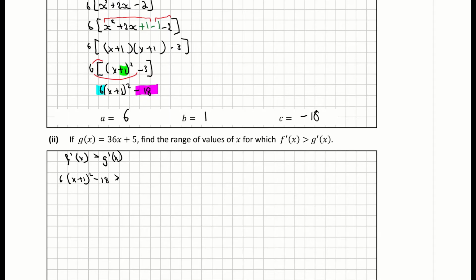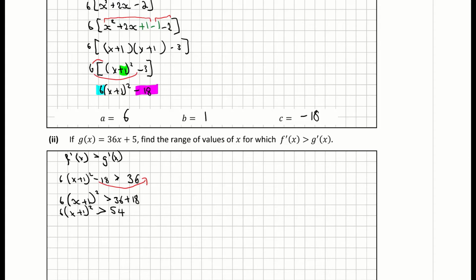So if I differentiate 36x plus 5, I simply get 36. All I'm going to do now is a bit of simple tidying up. I'm going to move that negative 18 over to the constant of 36. So that's leaving me with 6 times x plus 1 all squared greater than 36 plus 18, which is 54.